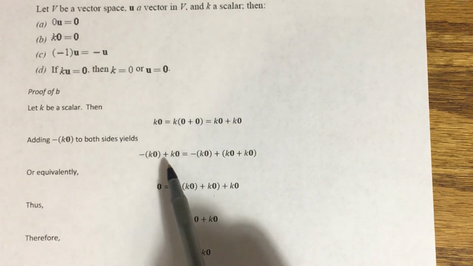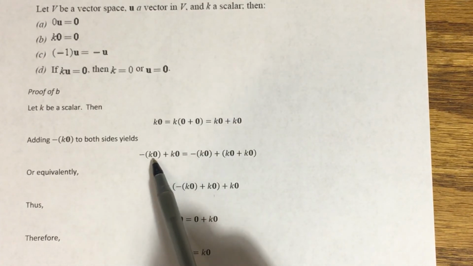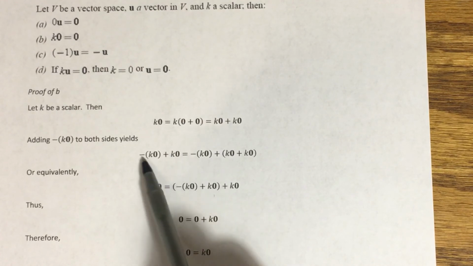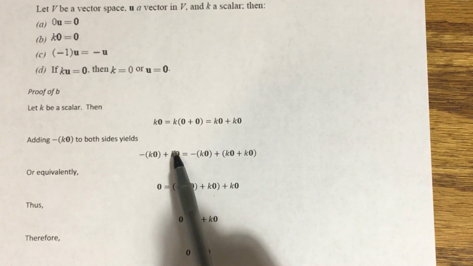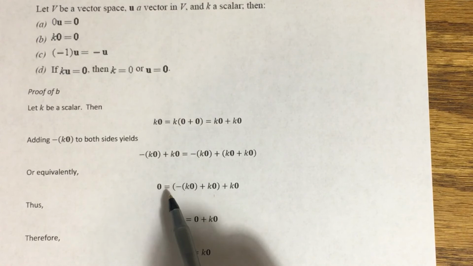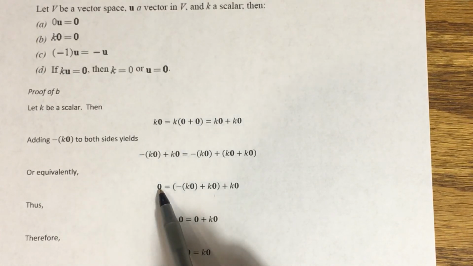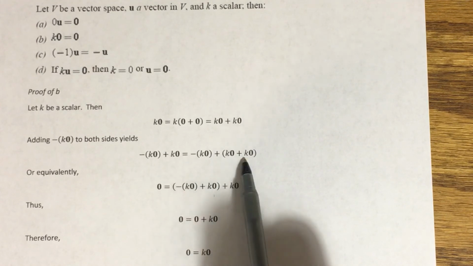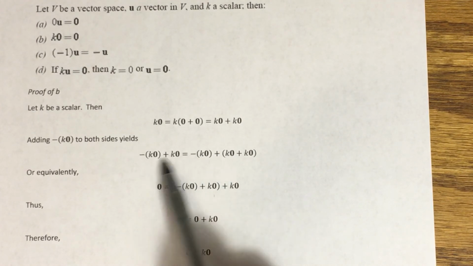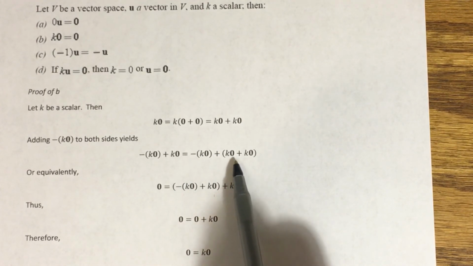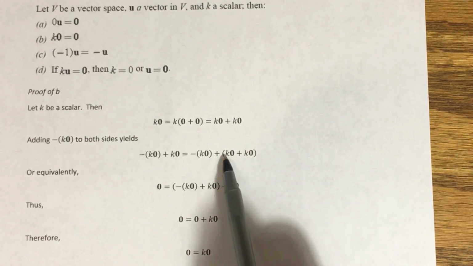Now, using the definitions in my axioms, I'm adding a vector to its opposite here. By definition, by that axiom, Axiom 5, I believe it was, this needs to come out to the 0 vector. Okay. Over on this side, I would like to get some cancellation as well, and I can do that by regrouping my parentheses. Rather than have the parentheses here, I can regroup them over here.